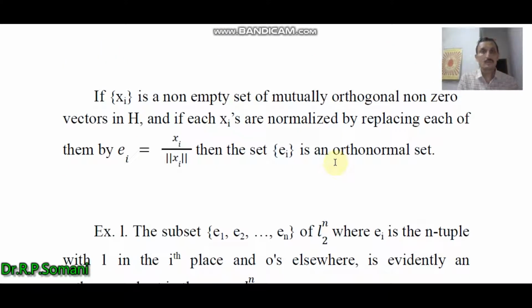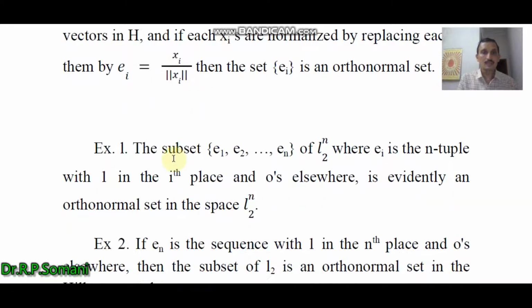The meaning of normalizing is that if {xi} is a non-empty set of mutually orthogonal non-zero vectors in H, and if each xi is normalized by replacing it by ei equal to xi upon norm xi, then the set {ei} is an orthonormal set. So here by normalizing we mean that we replace each vector by the vector divided by its norm.